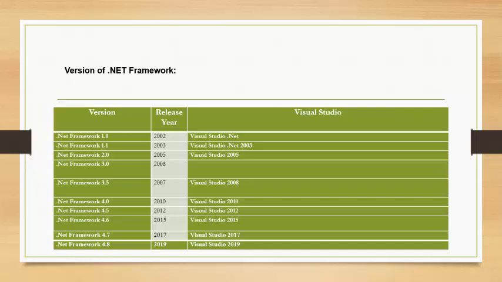And later on they introduced .NET Framework 3.0 in the year 2006. But we have to patch it, so .NET 3.0 will work in Visual Studio 2005. It is a patch version. So you can install and use the latest .NET services in Visual Studio.